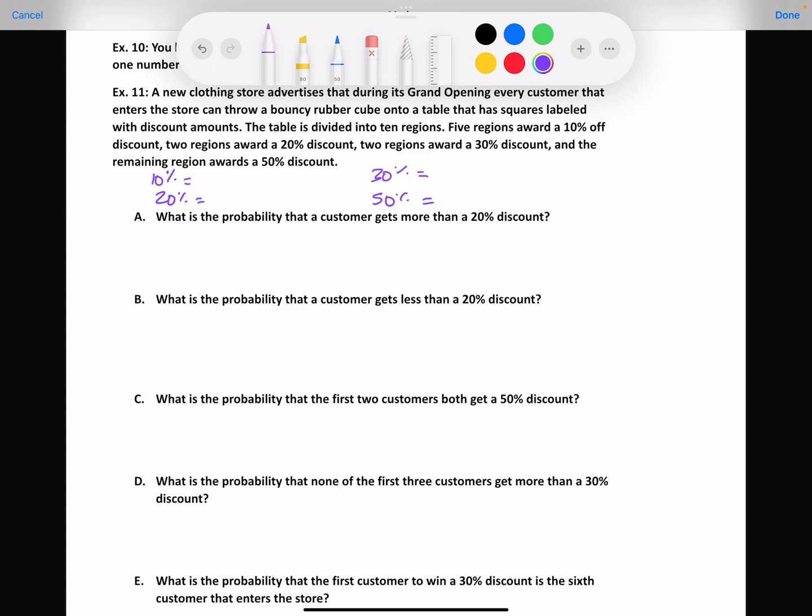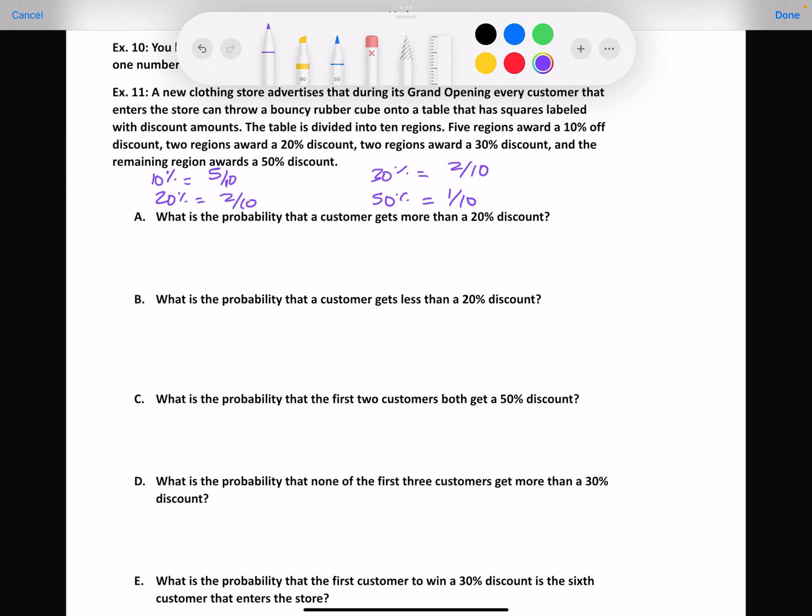How many regions out of 10 are 10%? 5, so 5 out of 10. And don't simplify it, because it'll make your life easier when doing the problems. How many are 20? 2 out of 10. 30? 2 out of 10. And 50? 1 out of 10.